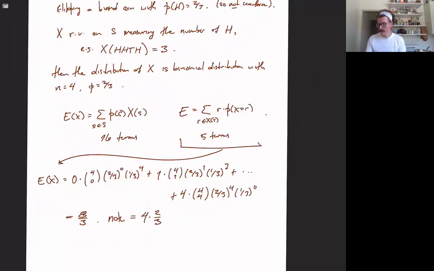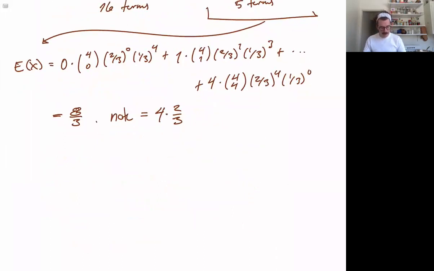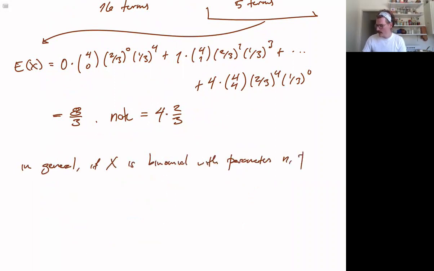So in general, it turns out that this is true. In general, if X is a binomial random variable with parameters n, the number of trials, and p, the success probability of each trial, then expected value of X is n times p.